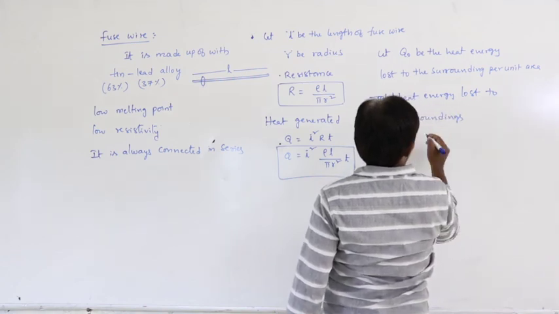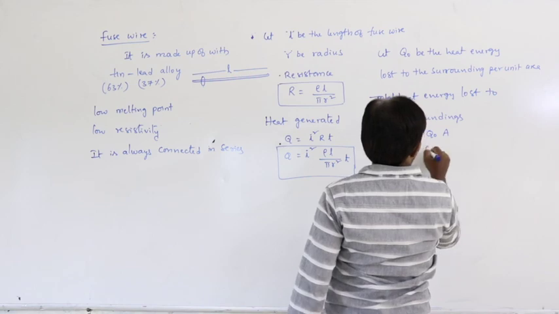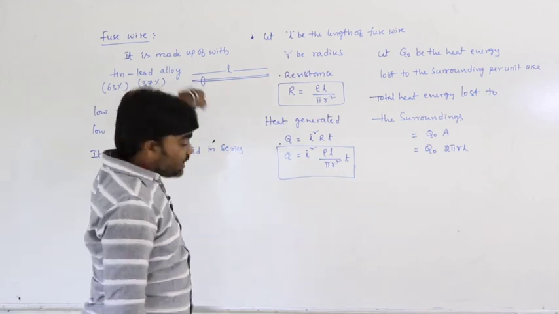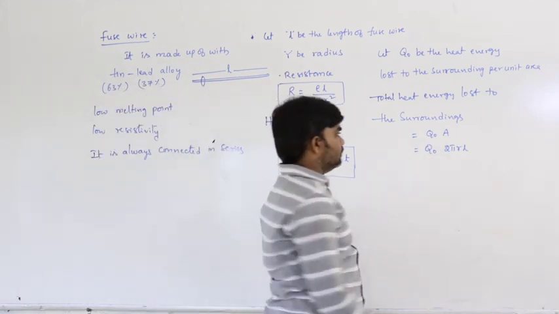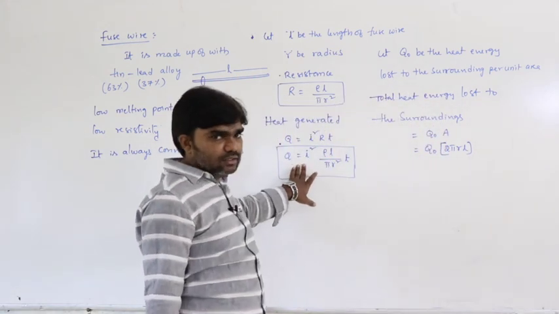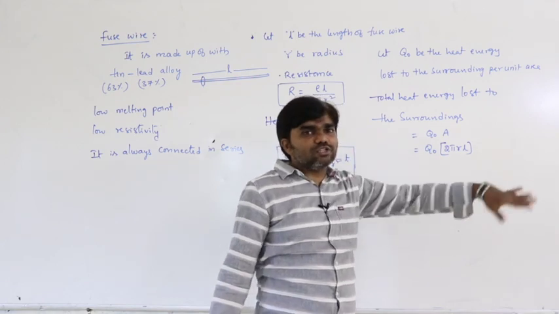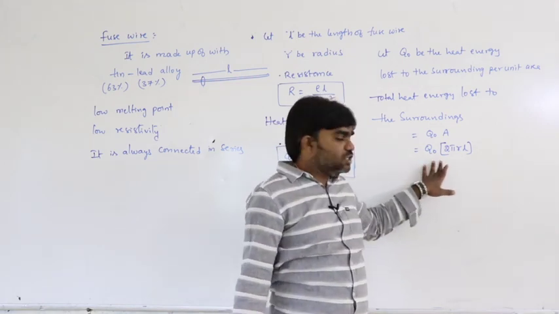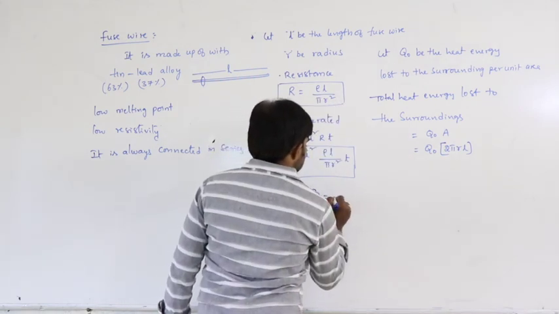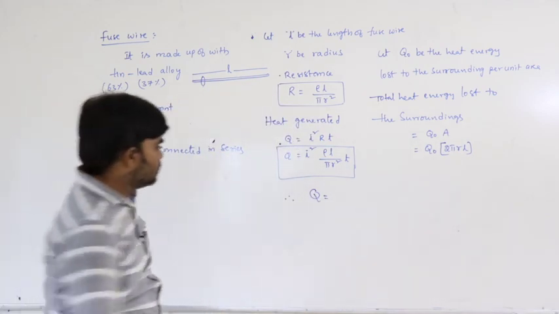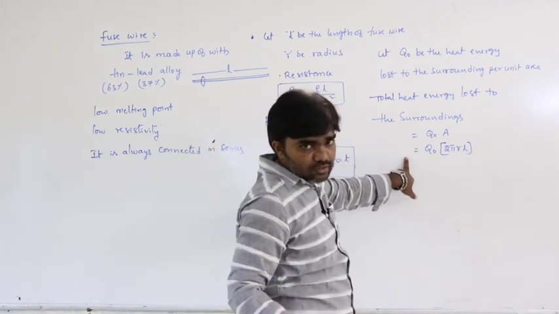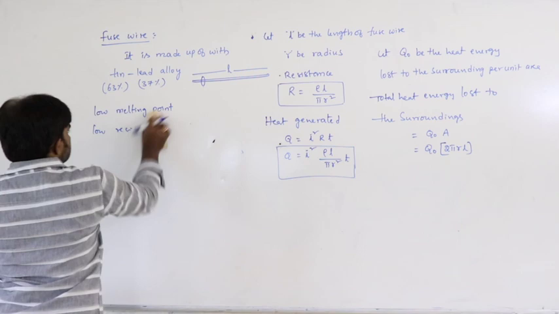It equals Q naught into surface area, and the surface area of the cylindrical shape is 2 pi R L. If the total heat energy generated is lost to the surroundings, then Q is equal to this: this is the heat energy generated and this is the heat energy lost to the surroundings. So here the condition is next.